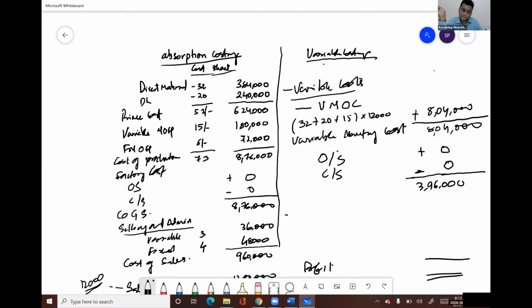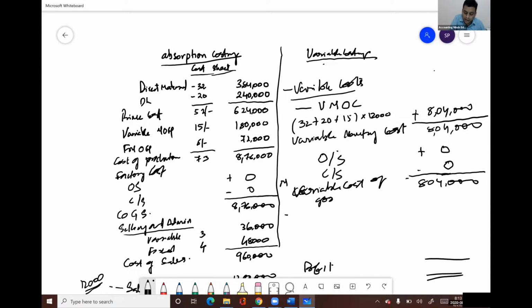Right or not? Yes sir. So then what do we have now? This is called what? 8 lakh 4,000 is your cost, variable cost of goods sold.